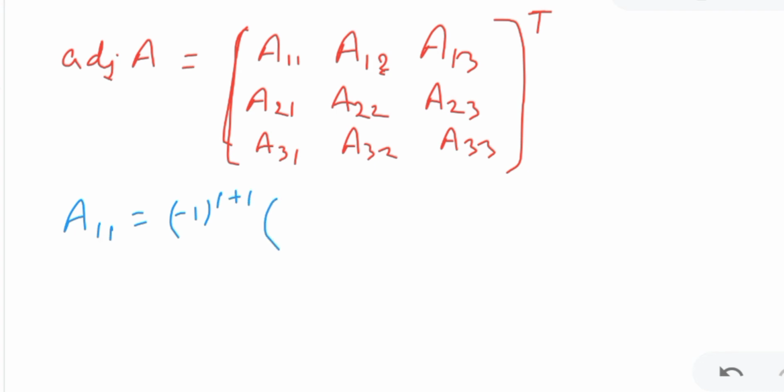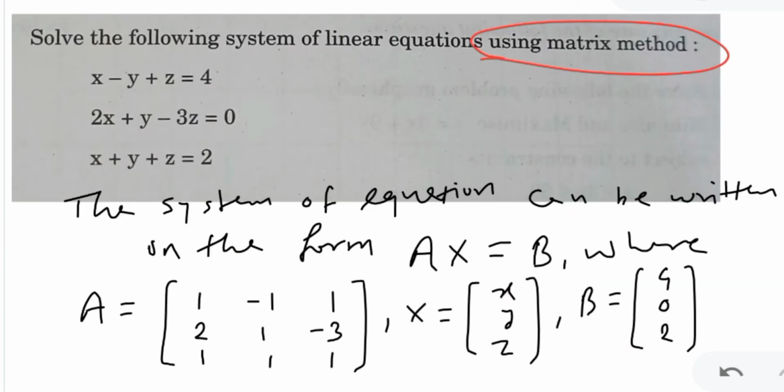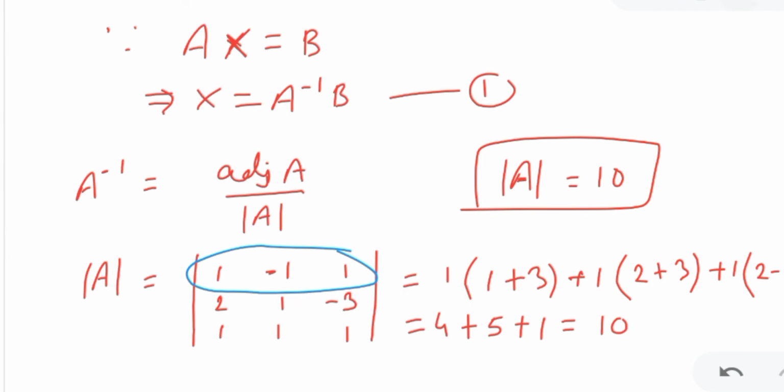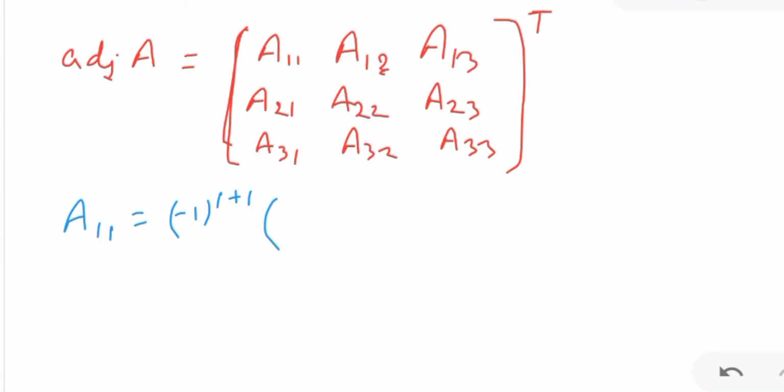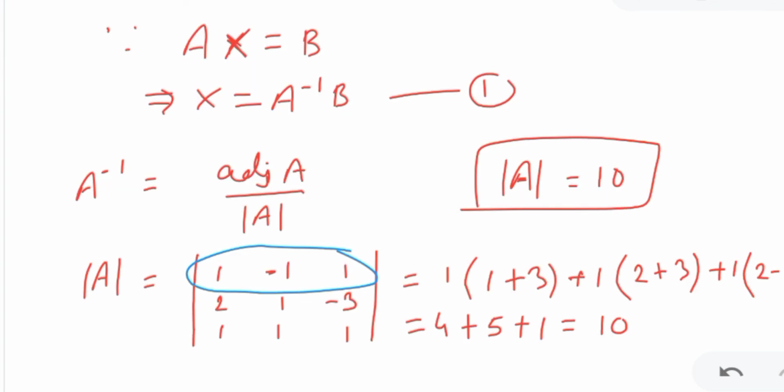Then where is that matrix? I will write the matrix here because I will need it: 1, minus 1, 1; 2, 1, minus 3; 1, 1, 1.